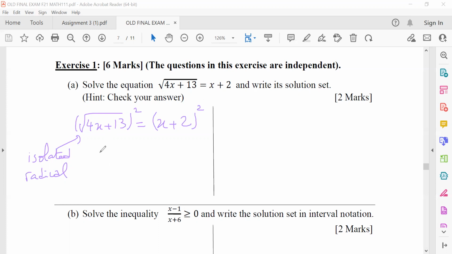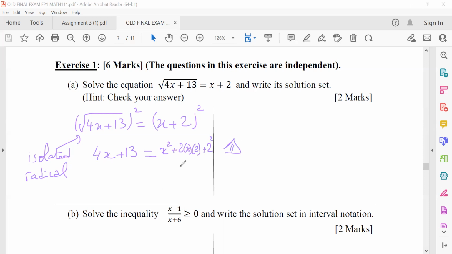The square of the root cancels. 4x plus 13 equals, and here be careful, as I said in previous videos, do not distribute the power over the addition. Here we have a formula: first squared, plus 2 times the first times the second, plus the second squared. Be careful about that.